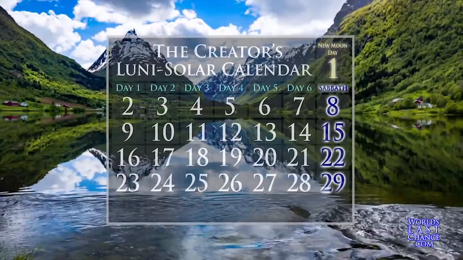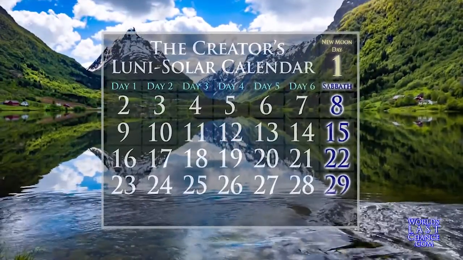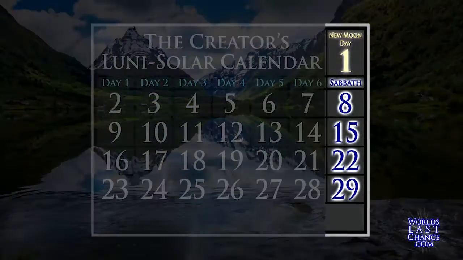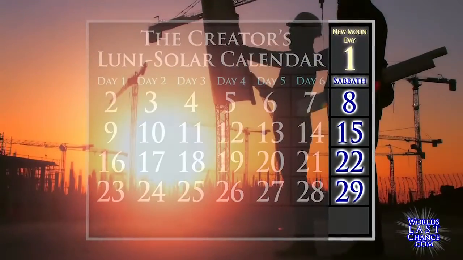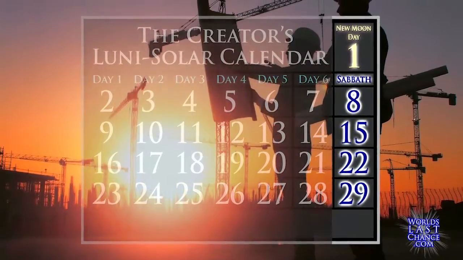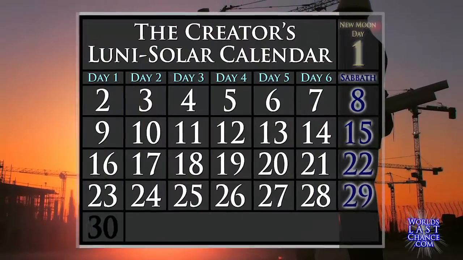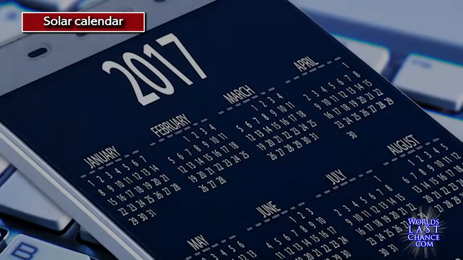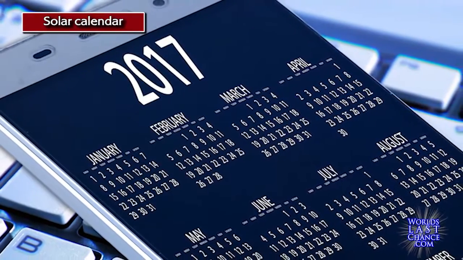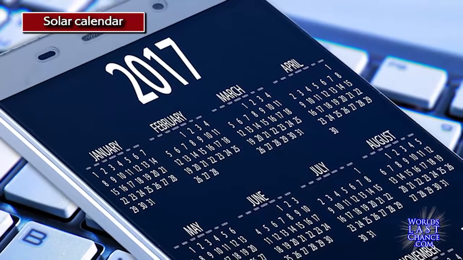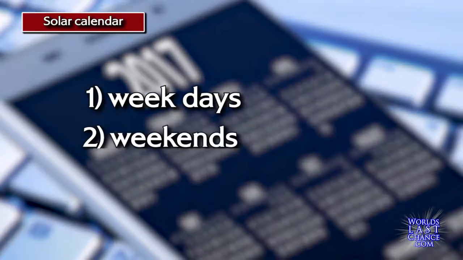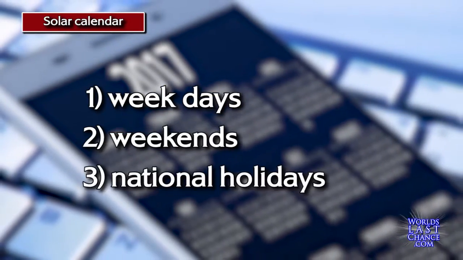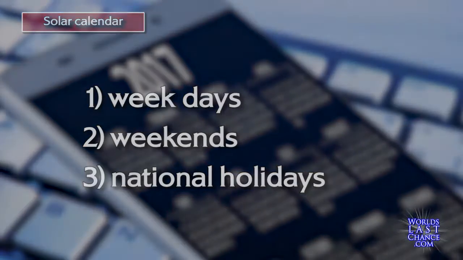Yahweh has always clearly specified by name or date which days are to be kept holy. Thus, all days not specifically designated as holy days are work days. The Gregorian solar calendar has different categories of days: weekdays, weekends, when most people take off work, and national holidays.